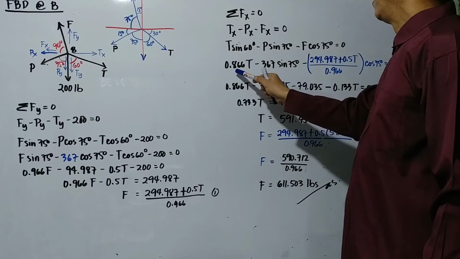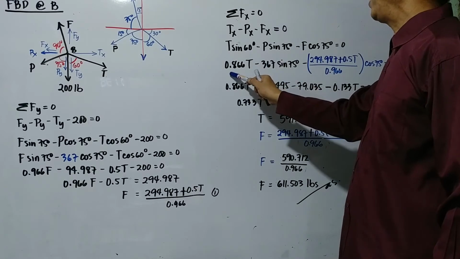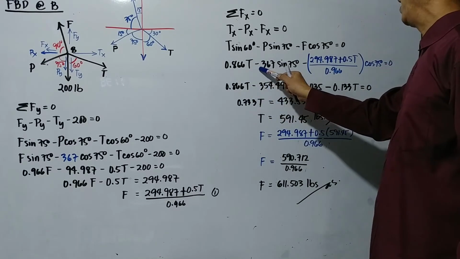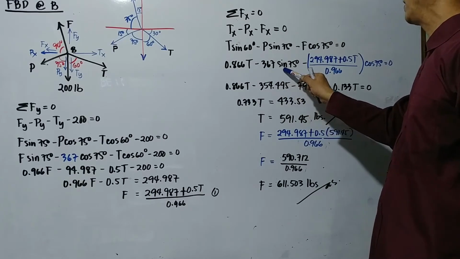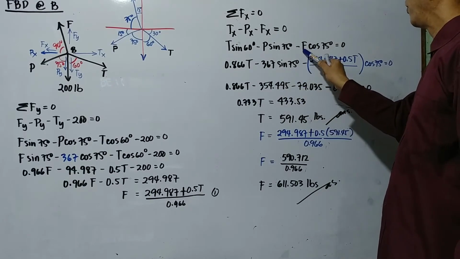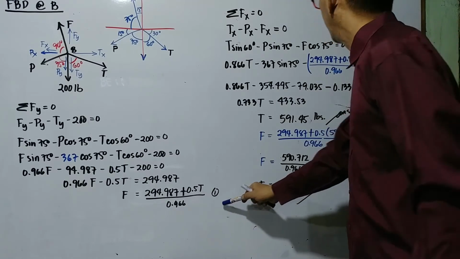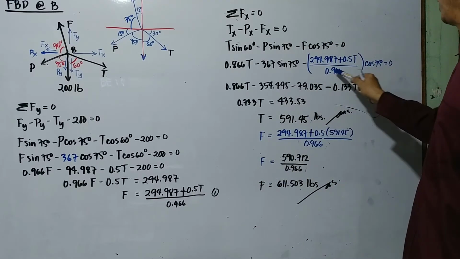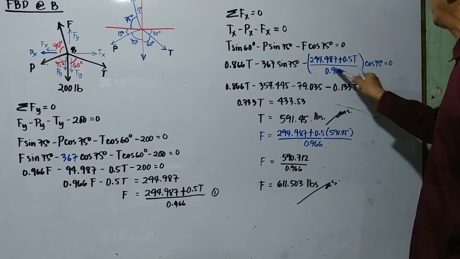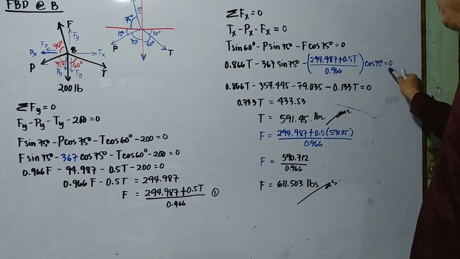Or 0.866 T minus, we substitute P, 367 sine 75, minus, we substitute F with this, 294.987 plus 0.5 T all over 0.966 multiplied by cosine 75 equals 0.